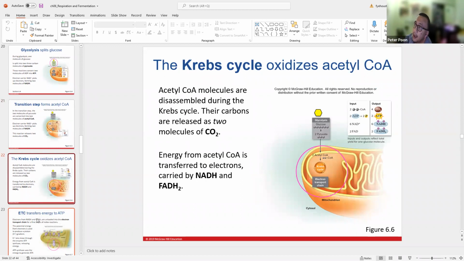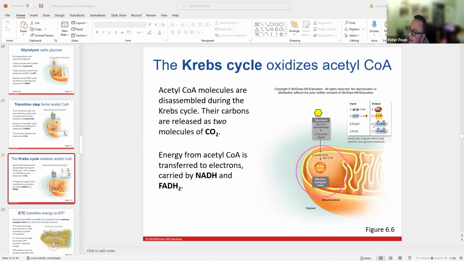The Krebs cycle oxidizes the acetyl-CoA, so it breaks down the acetyl-CoA completely into carbon dioxide. So 4 carbon dioxide is output. I generate 2 ATP again. So I generate a little bit of ATP, but the most important thing is that I generate a whole bunch of NADH and FADH2s.